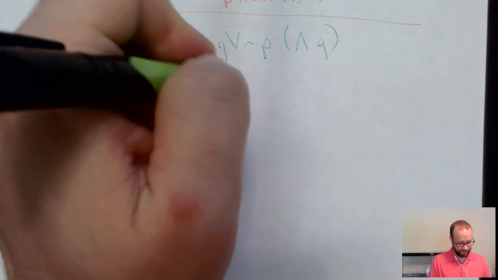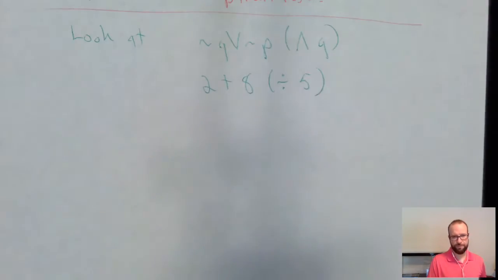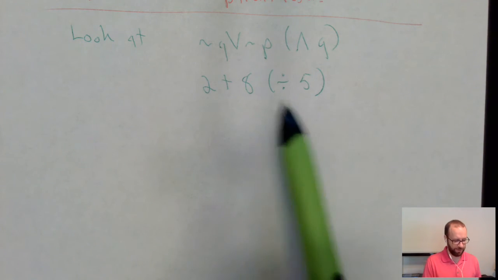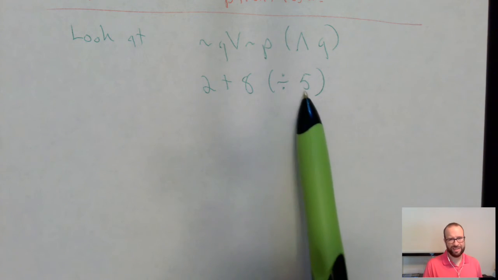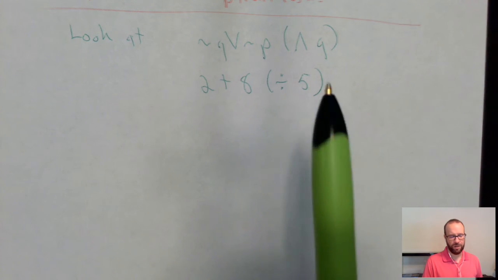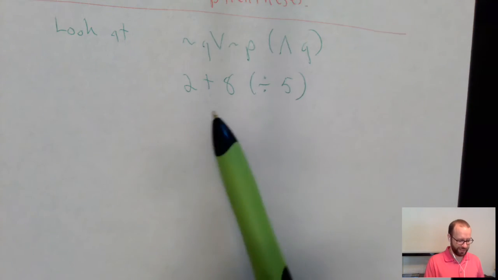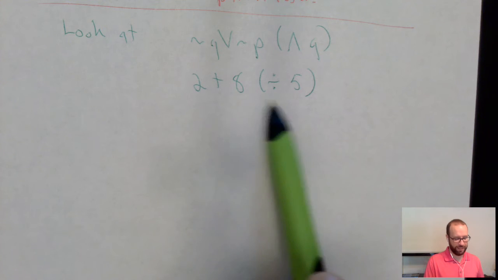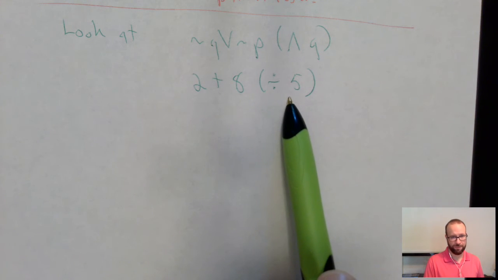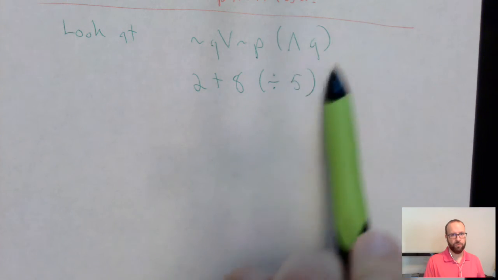It would be like saying 2 plus 8 and then in parentheses divide by 5. This doesn't really mean anything because it's not clear what I'm supposed to do. Remember, we're never going to use our notation to try to confuse each other. We're trying to communicate clearly. This is not how you should write any kind of arithmetic because I don't know what to divide by 5. Similarly here, I don't know what I'm supposed to take an and with Q.